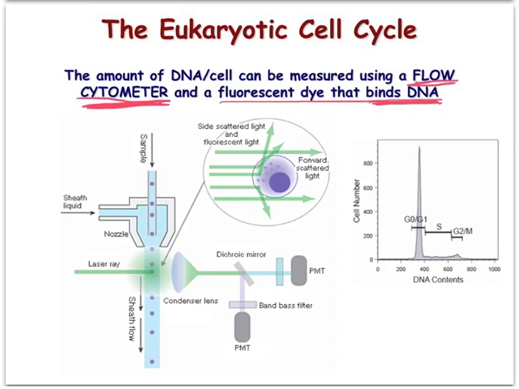The cells are then run through the flow cytometer, which has the ability to detect the volume of the cell based on the amount of light that is scattered by every cell, and has also the ability to quantify the amount of fluorescence that is emitted by every cell.